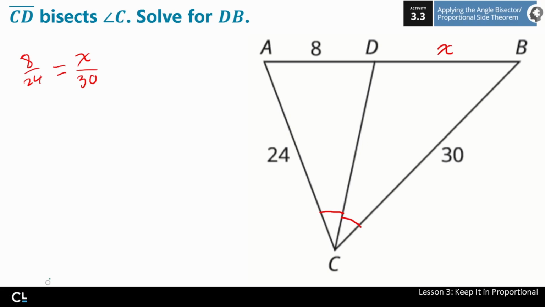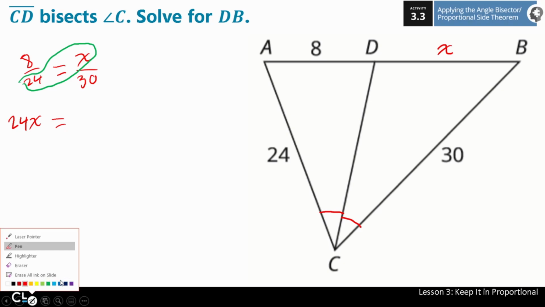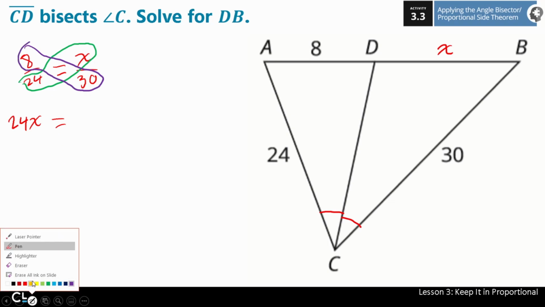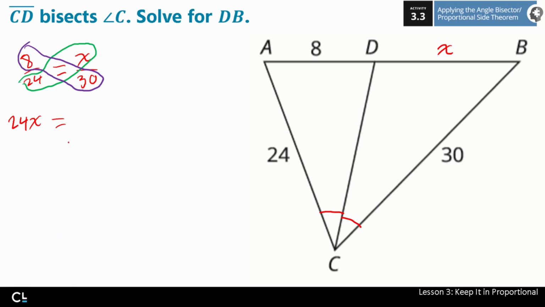Once again, I'm going to use different colors just to divvy everything up, and we'll get 24 times x, which will give me 24x, equals 8 times 30, which will give me, I want to say 240.